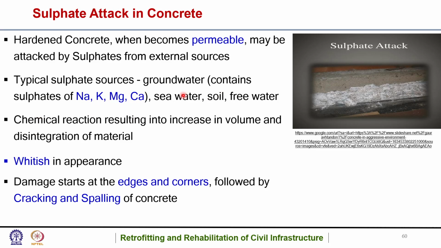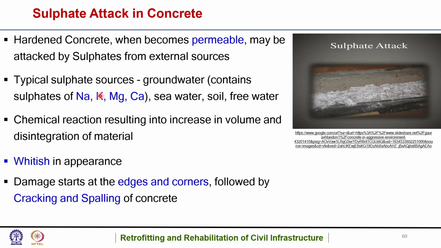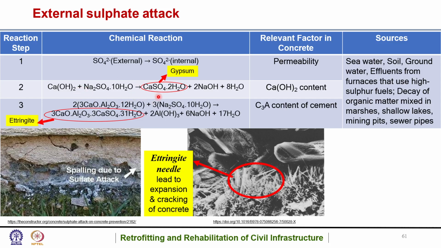Basically this sodium sulfate can be due to groundwater, coming from soil water, or any of these sources. It reacts with calcium hydroxide and forms calcium sulfate, which is basically gypsum, calcium sulfate dihydrate, and that again results in sulfate attack. So that is dependent on the calcium hydroxide content.